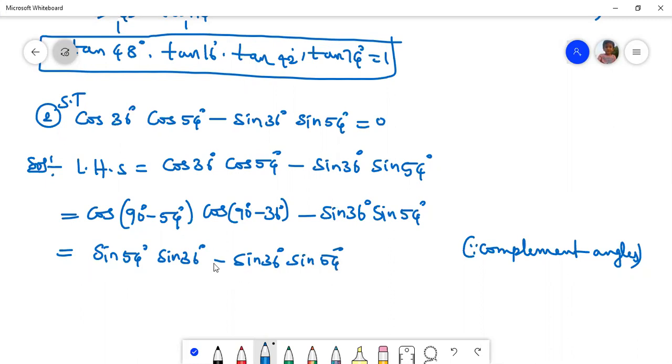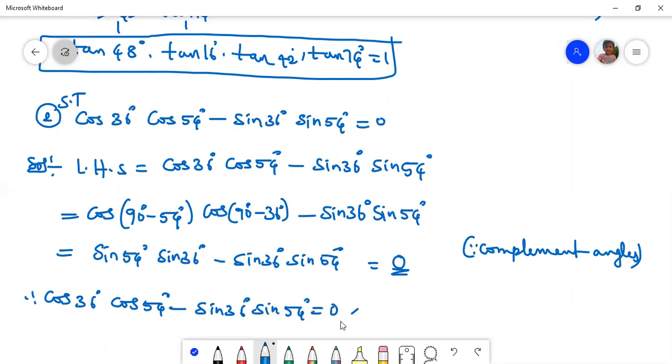AB minus BA, both are products, AB equals BA, so this subtraction becomes 0. Therefore, cos 36 degrees cos 54 degrees minus sin 36 degrees sin 54 degrees equals 0.